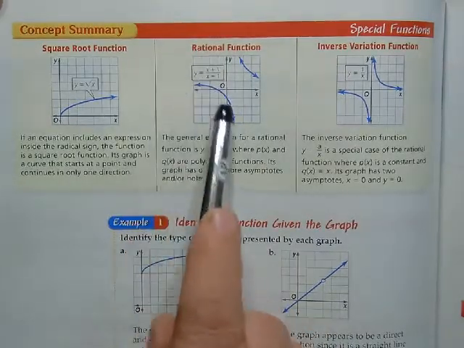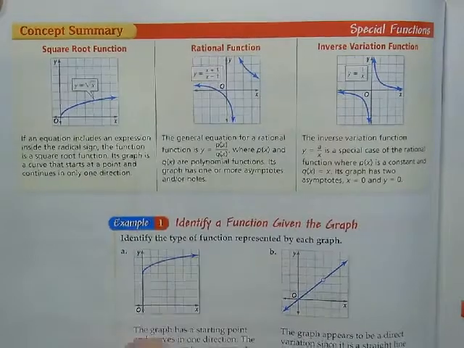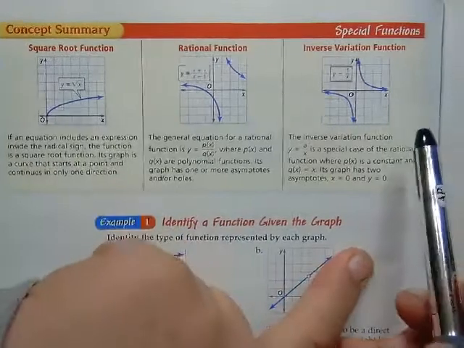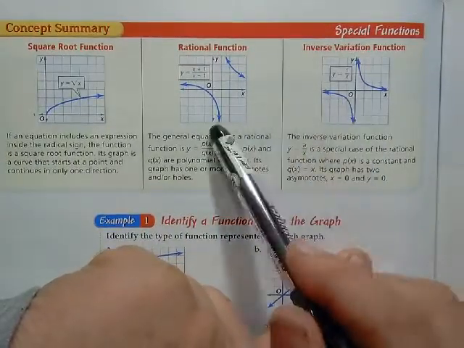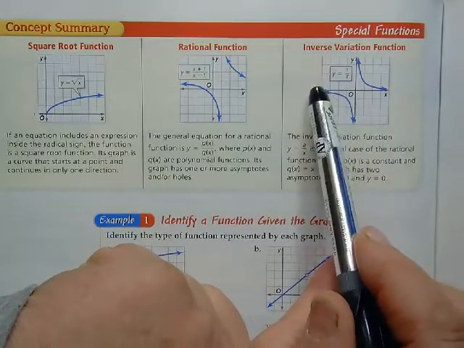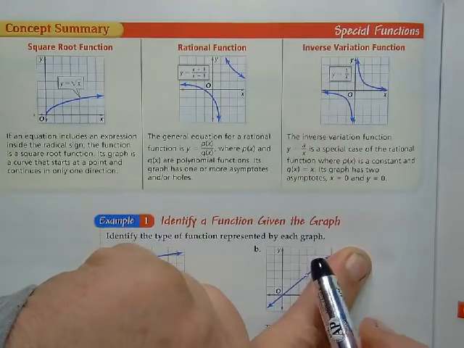But generally, a rational function has these kinds of curves, where there's a fraction involved in the function. And then the last one over here is basically a variation on the rational functions. The only difference here is an inverse variation has to have the x-axis and the y-axis as asymptotes.